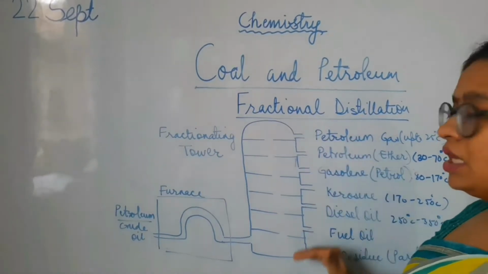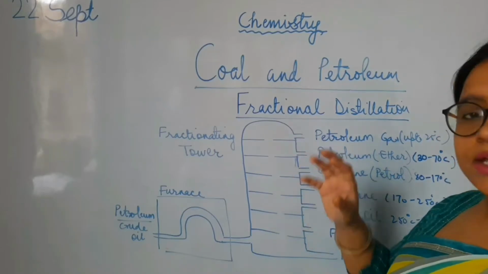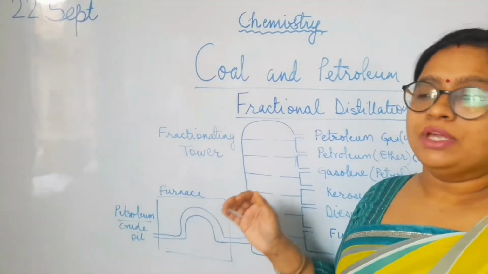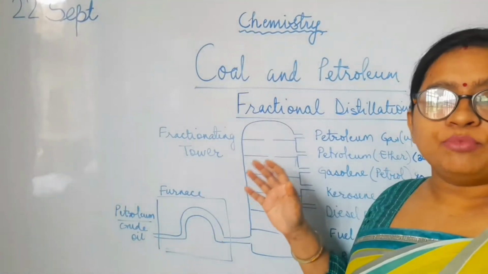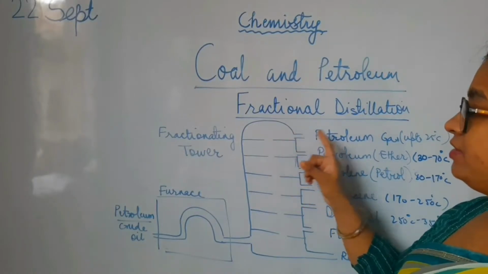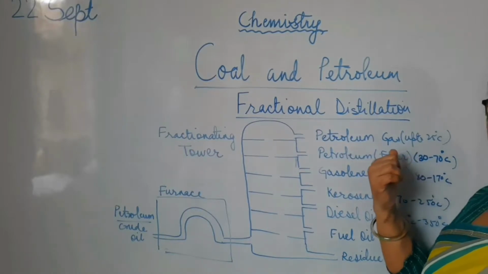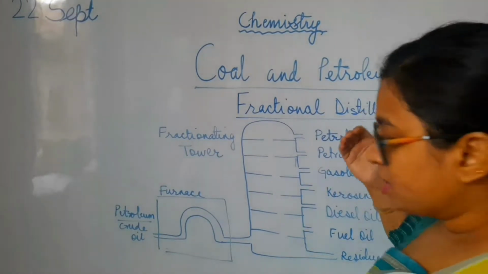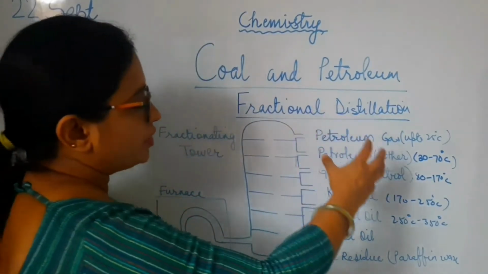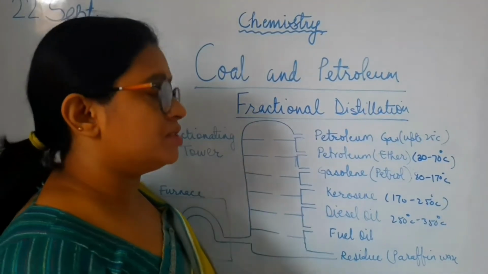Since every component has a different boiling point, when they receive heat, they start getting vaporized at their boiling point and get separated into separate fractions. For example, the fraction with a boiling point of less than 25 degrees Celsius gets separated first, followed by various other components. So this is a mixture which is separated by fractional distillation.